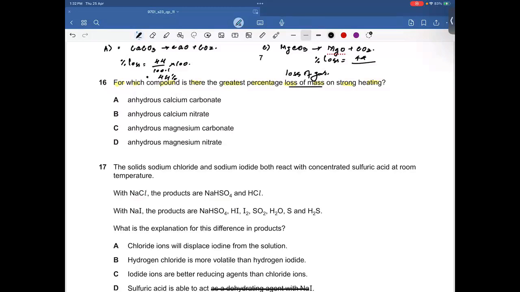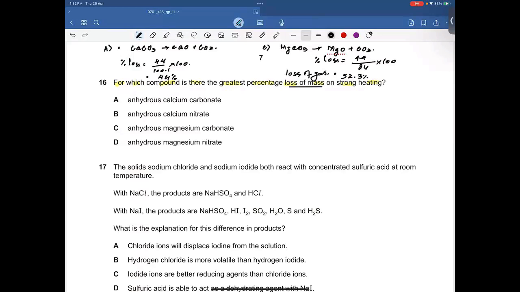So magnesium carbonate is basically 84, I think. Magnesium is 24 plus 12 plus 16 times 3 is going to be 84. 44 times 100 divided by 84 is going to be about 52%.